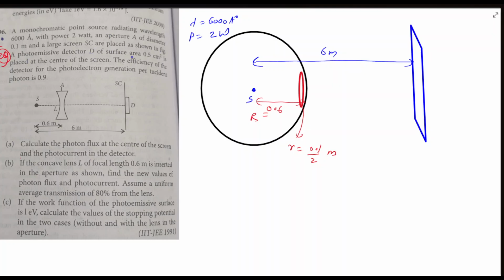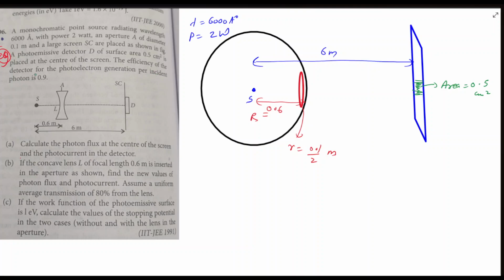And there is a detector also, a small detector here. Its area is 0.5 centimeter square. So we should read this question very carefully.